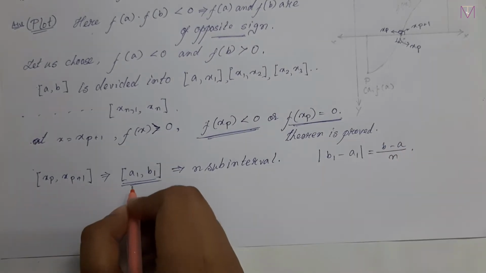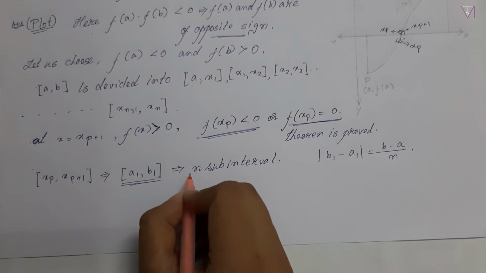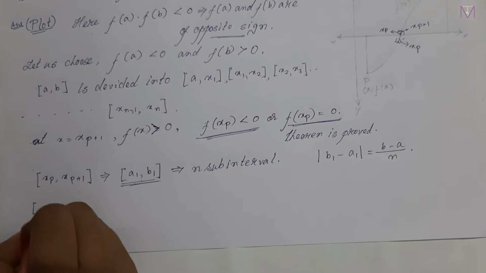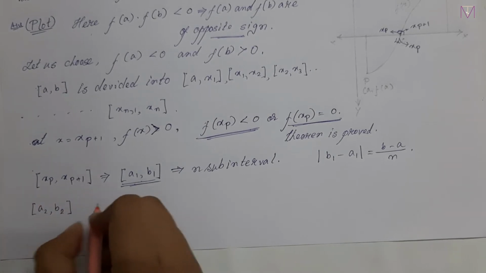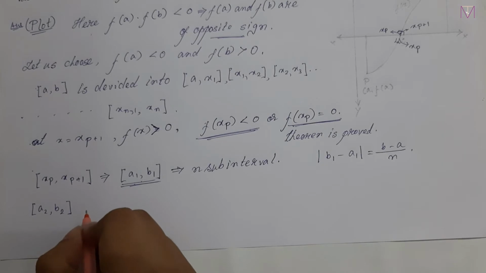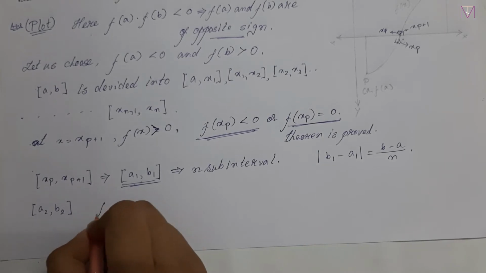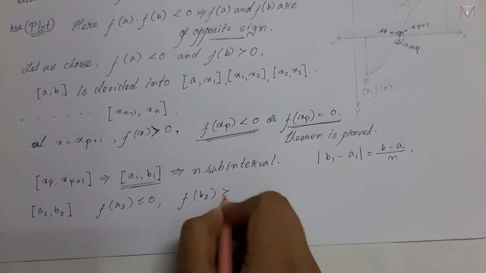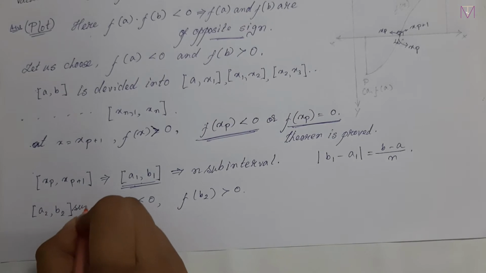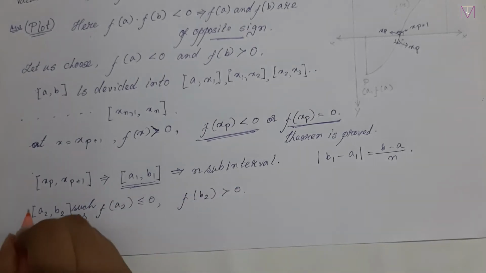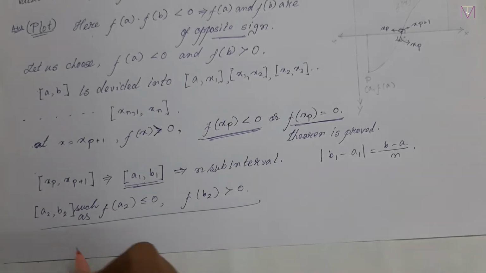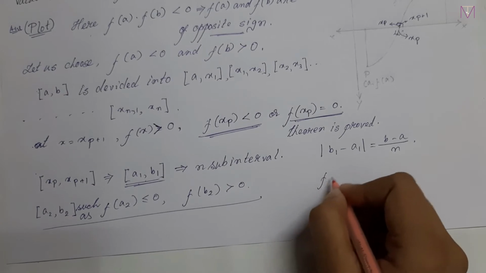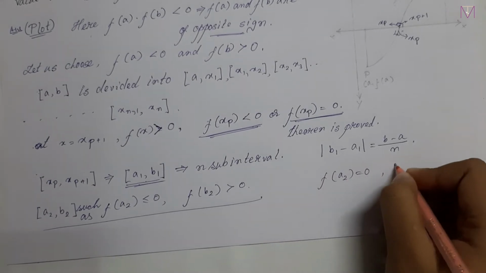Now if we take one of the subintervals as (a2, b2), then here f(a2) will be less than or equal to 0 and f(b2) will be greater than 0. We just assume this. Now if f(a2) is equal to 0, the theorem is proved.